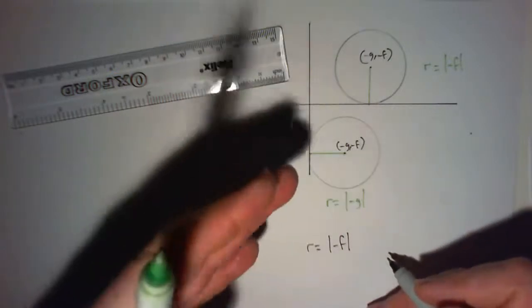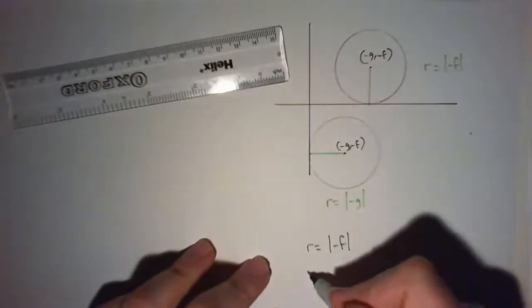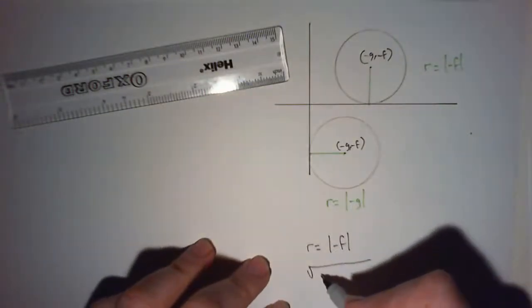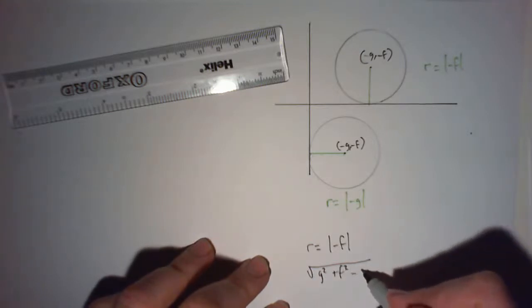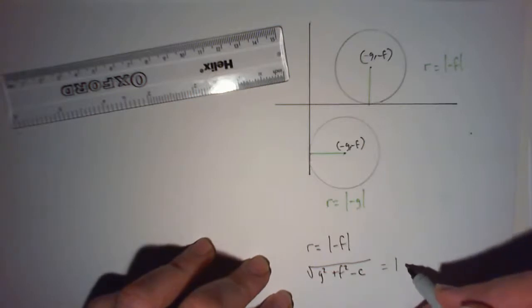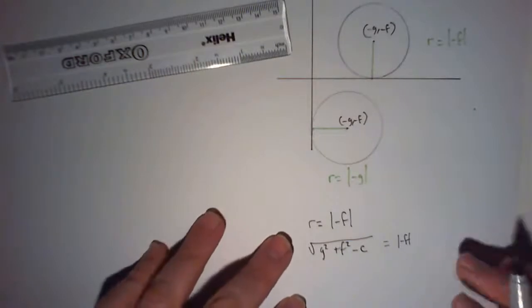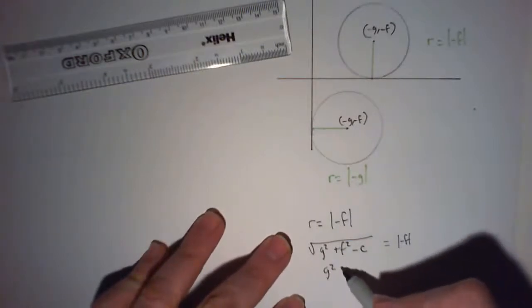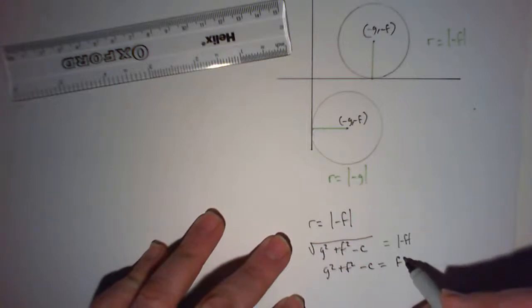So what's our general formula for the radius? Isn't it the square root of g squared plus f squared minus c? But now we're saying that that's going to be equal to f. See where we're going with this? Square both sides. g squared plus f squared minus c is equal to f squared.